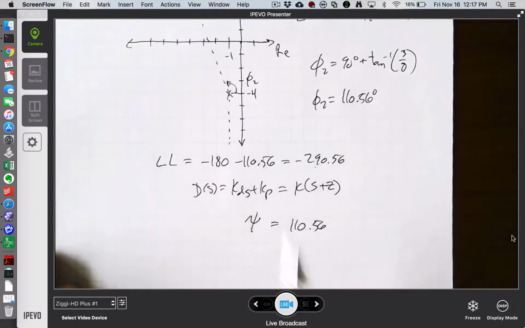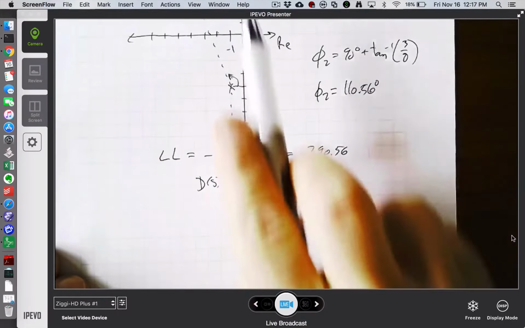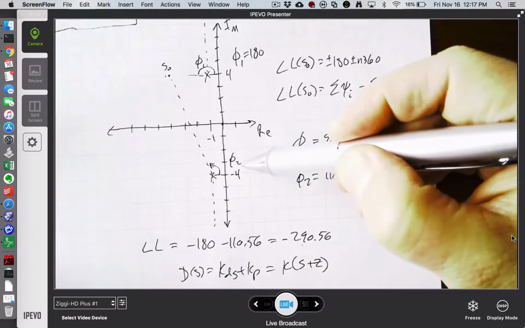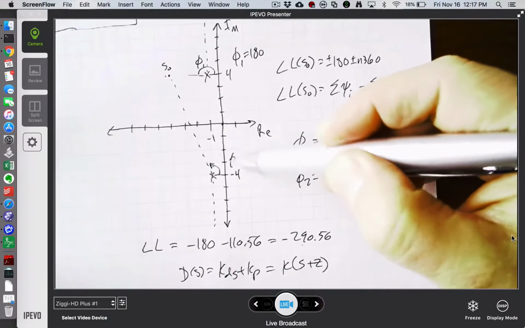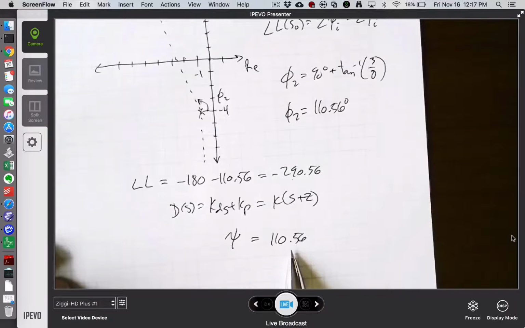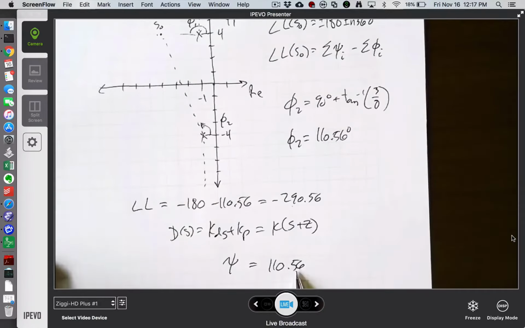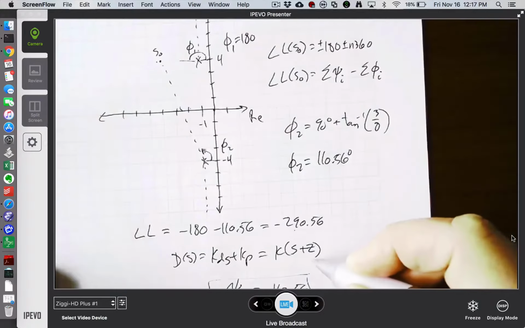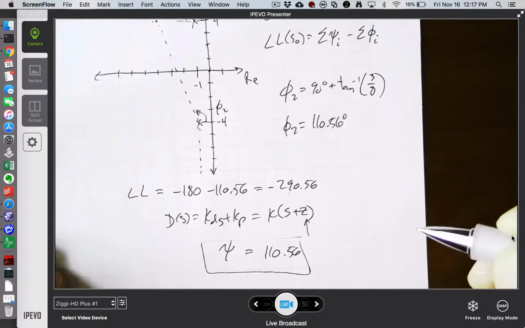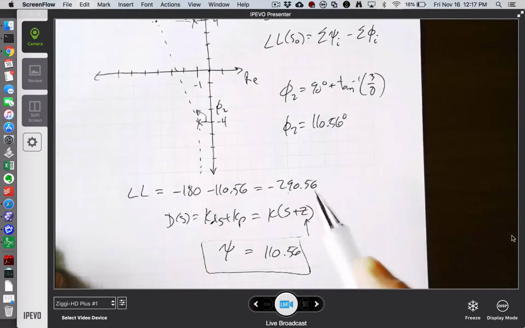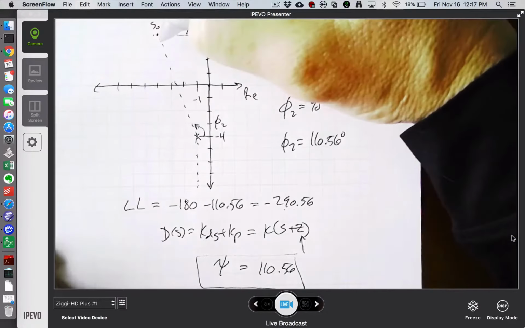I'm like, why is it exactly the same? Well, I already have a negative 180 coming out of this phi 1, so I need to kind of exactly cancel the phase contribution of phi 2 to get back to 180 degrees. So what we're saying is, how do I use this to solve for a z that causes all my psi to be 110.56 so that my phase goes to 180.